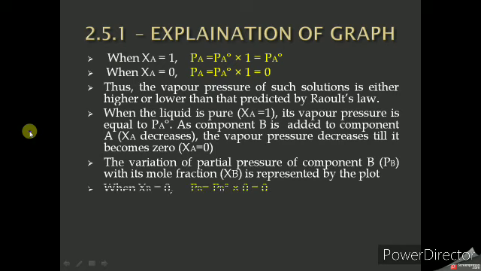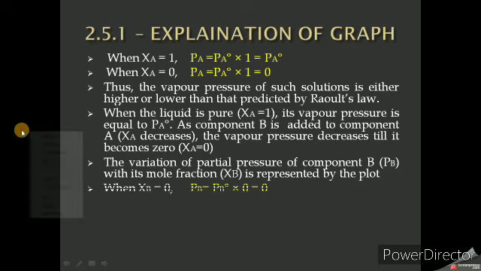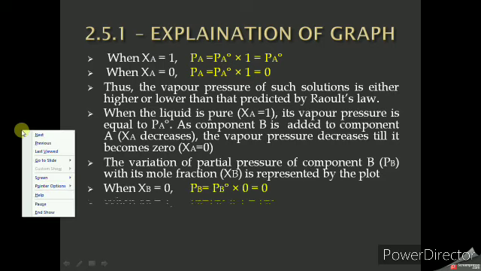Similarly, you can write for B component. The variation of partial pressure of component B, that is PB, with its mole fraction XB is represented by plotting the graph. When XB is equal to 0, what is the partial pressure of B?